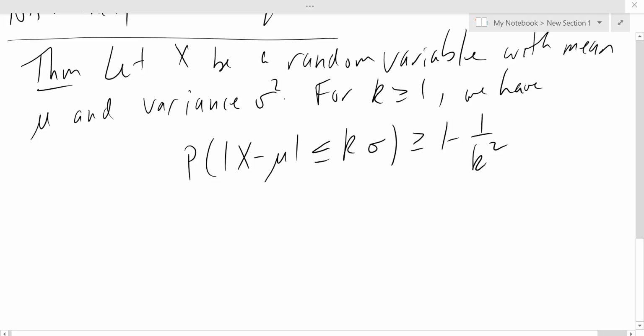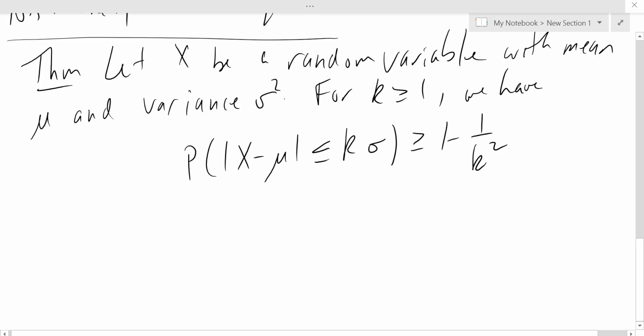Notice why we want k to be bigger than or equal to 1. If you put k equal to 1 in there, what do you get on the right-hand side? 0, right? So it just says the probability is bigger than or equal to 0, which is true. And if it's less than 1, then you've got issues with the bound in there.